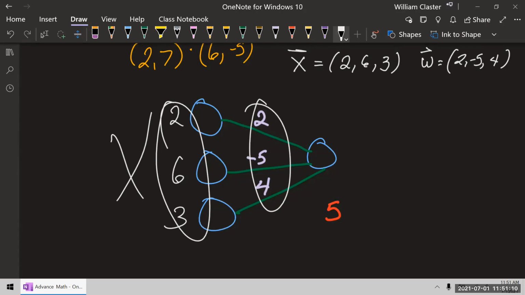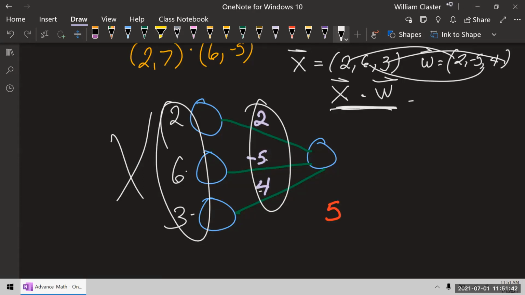Now, Kabirajan said that we're supposed to multiply 2 times 2, 6 times this, and that times that, which means we should do the dot product of the X vector times the W vector, right? I multiply this times that, and add them up, which is what he said we should do. So we can express all of that with this.